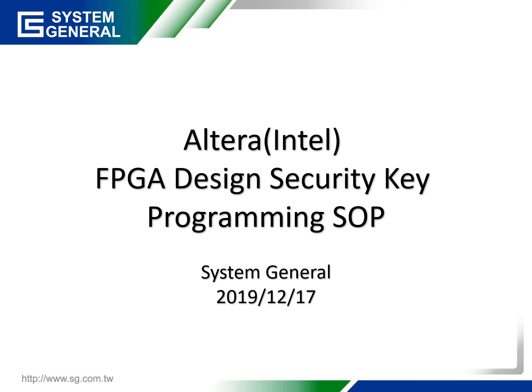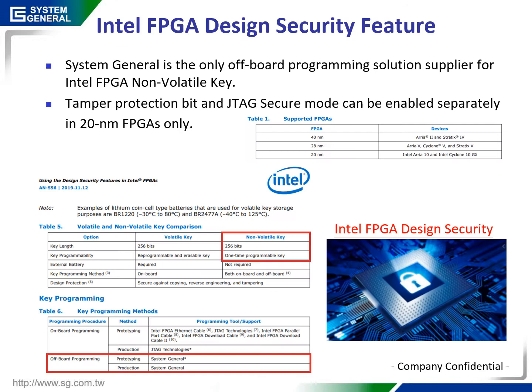In today's video, I will show you how to program the Intel FPGA design security key via System General programming. For the 14 nanometer and 28 nanometer process FPGAs, like Arria 10, Arria II and Stratix IV, Arria V and Cyclone V, also the Stratix V, those FPGAs support the design security key functions.